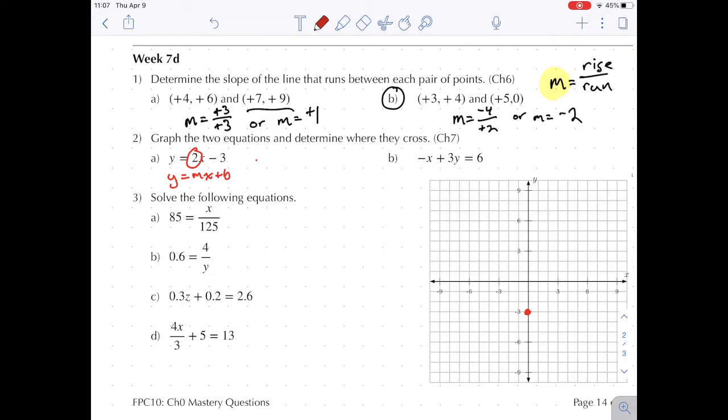And m is our slope, or 2 over 1, which means we go up 2 over 1. So we start at our -3, go up 2 over 1, up 2 over 1, and keep putting dots. Draw a straight line, put some arrows on it.